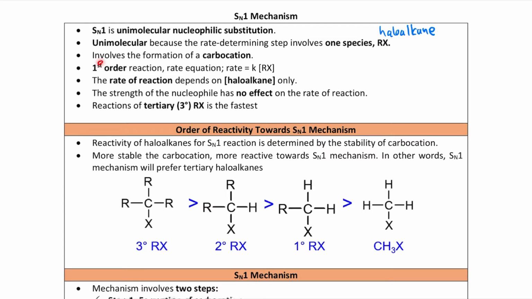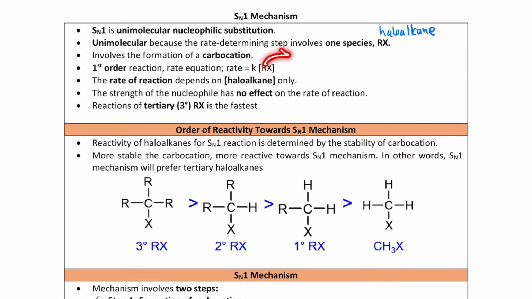Okay, sekejap lagi kita tengok further. Okay, and then next one involve the formation of carbocation. Yes, for SN1 mechanism, you will see carbocation in your mechanism. Okay, so maksudnya stability of carbocation play an important role here lah. Okay, right, so next one adalah first order reaction. The rate equation equal to k[RX].